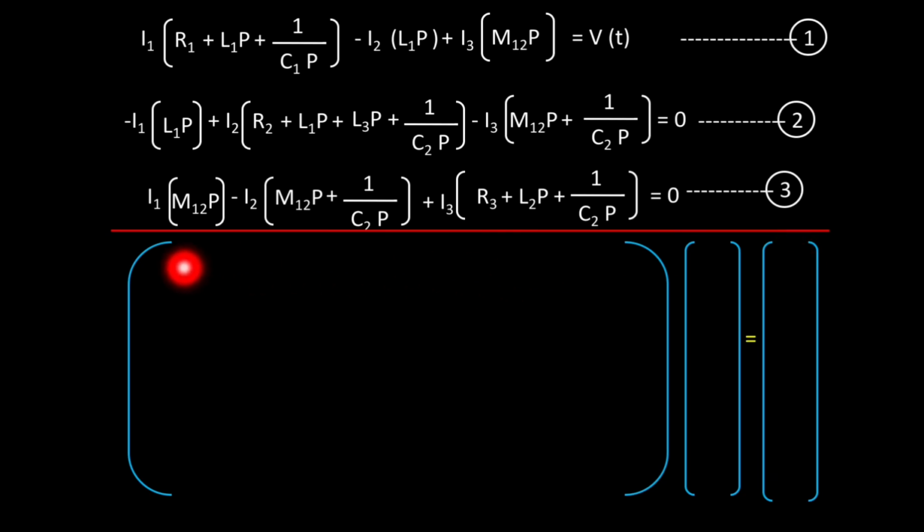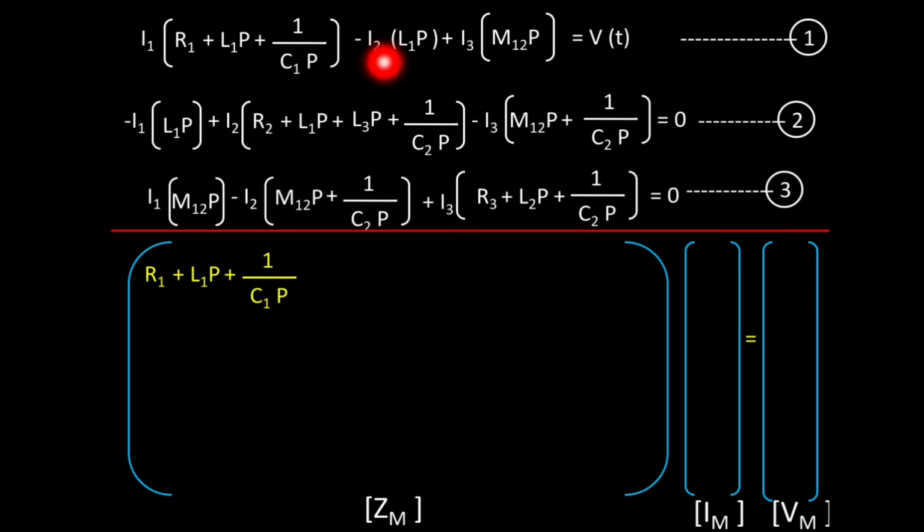So what will be the first entry? We will fill the first row, and for that we will check equation number 1. With I1, which term is there? R1 plus L1P plus 1 upon C1P.